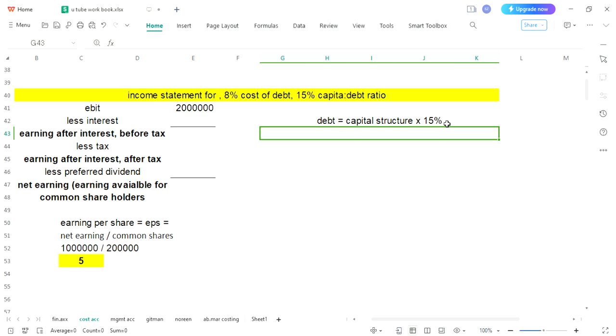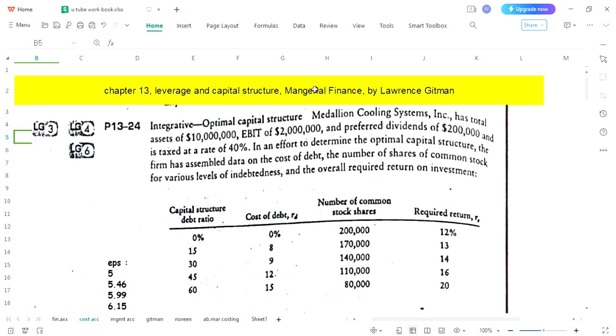So please understand what we are going to do. Look over here, these are assets, 10 million of assets, while it was said 15% of total capital structure is debt. What does that mean? Total capital structure, when you will take 15%, it would be your debt. But capital is not provided over here.